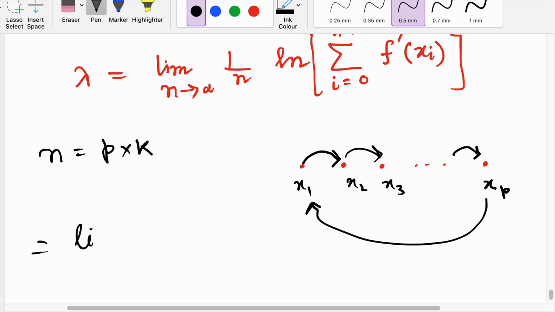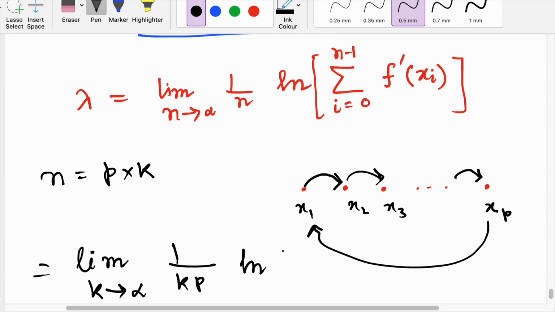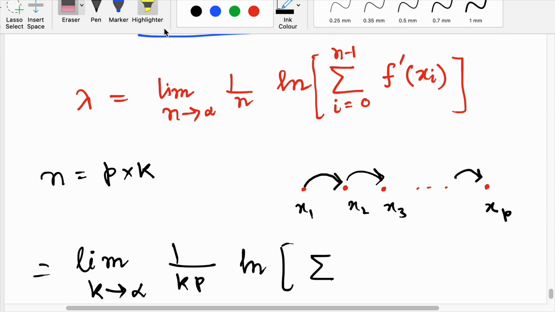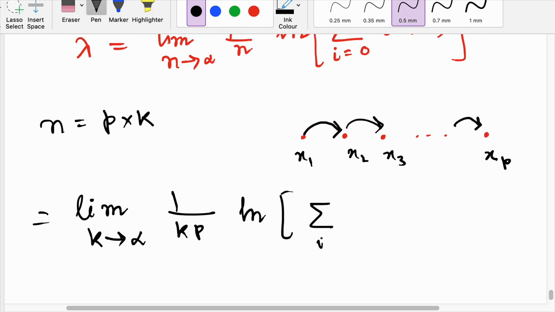So if I put this, this is equivalent to the limit as k tends to infinity of 1 by kp, the summation of ln f prime xi, with i equal to 0 to p minus 1.